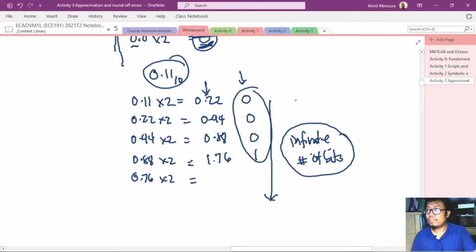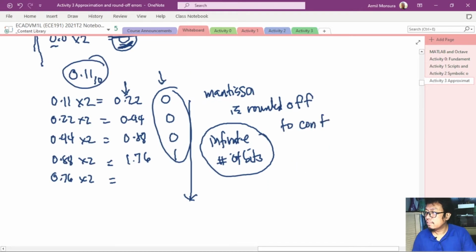Again, what the computer does is that the Mantissa is rounded off to contain 52 bits.